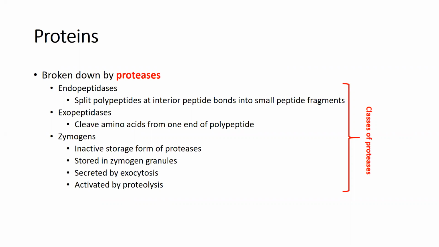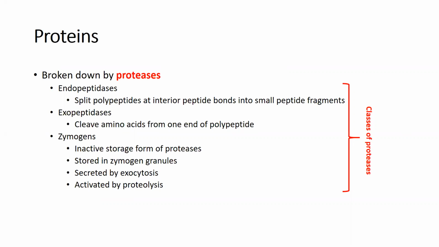We also have zymogens, and there are different types, but these are the inactive storage form of these proteases, and they're stored in zymogen granules. We see zymogen granules extensively in the pancreas. Basically we see these little droplets with lots of little vesicles inside, and those are the proteins sitting in these granules waiting to be released.